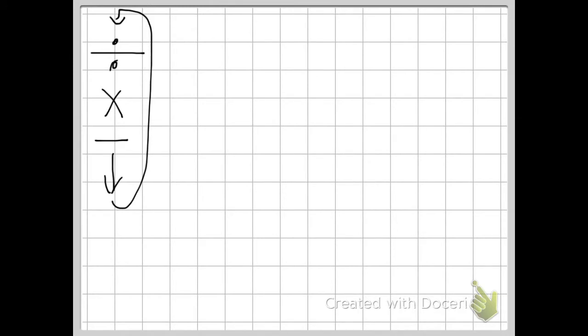So the last one we want to look at is, let's take a whole number. Let's say 42. And we want to divide 42 by 5. Again, our rule is the same as it always was: divide, multiply, subtract, bring down. Repeat that process. So 42 divided by 5 is going to be 8. 8 times 5 is 40.